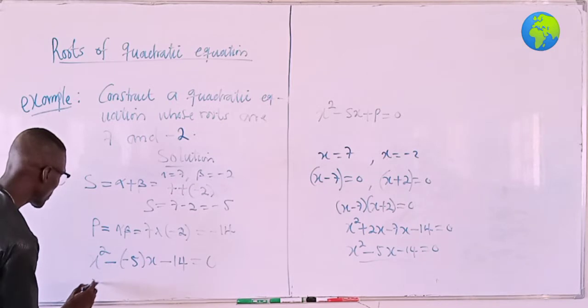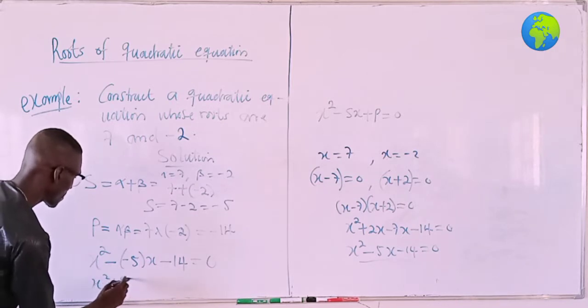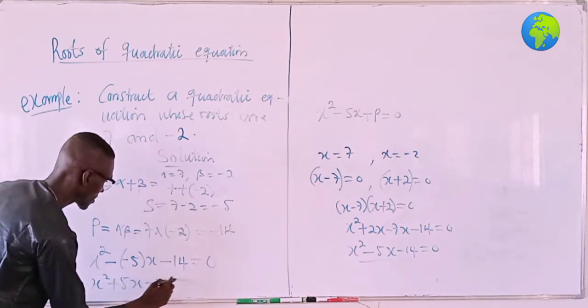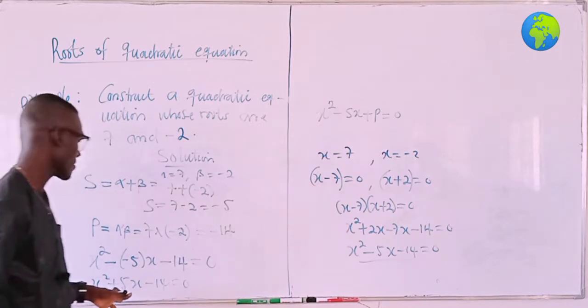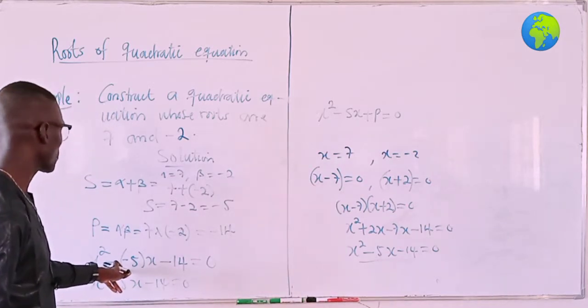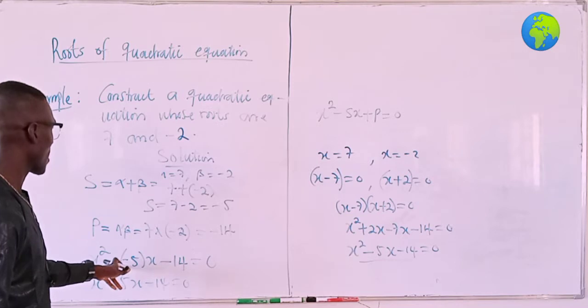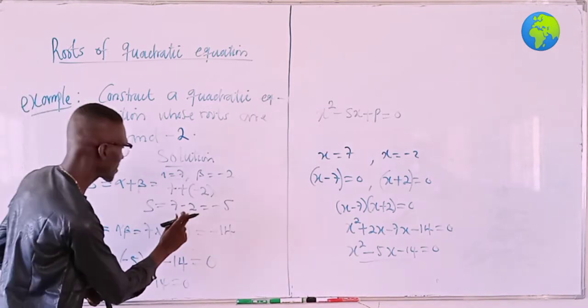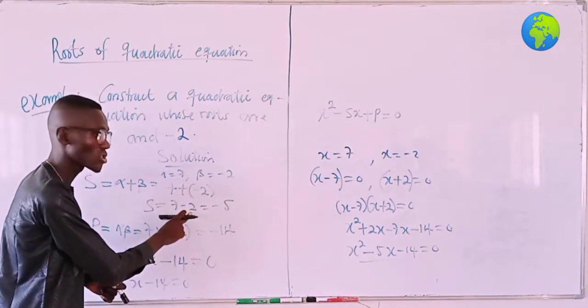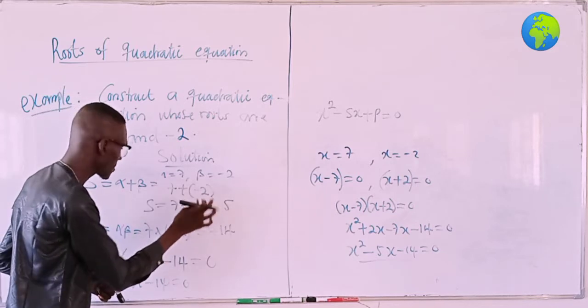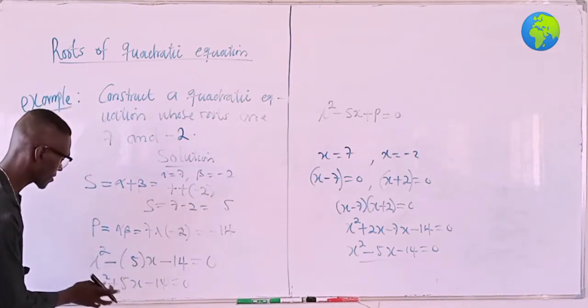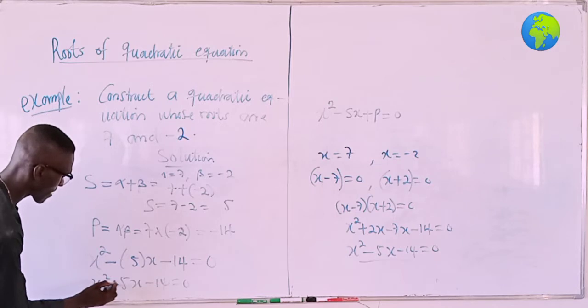So this is going to be x squared plus x minus 14 equals 0. I think there was a problem somewhere. The mistake is right here: 7 minus 2 is not minus 5, but 5. This is where the mistake is. So this is supposed to be a minus as well.